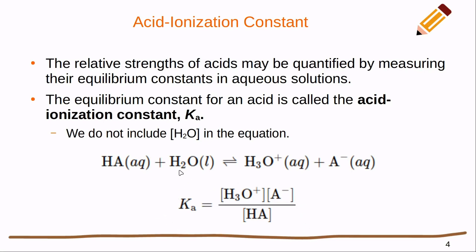And again, we're not going to include the liquid water in it. As the ionization happens, these concentrations go up, this one goes down, and Ka becomes large, whereas if these were small, there would still be a significant amount of unionized acid. Ka would be small.